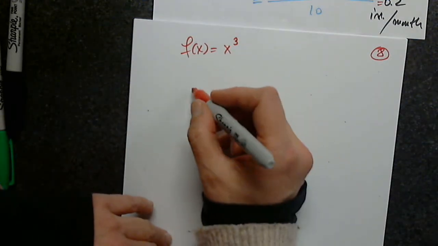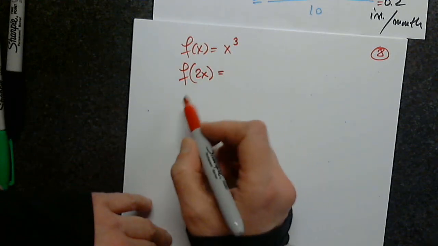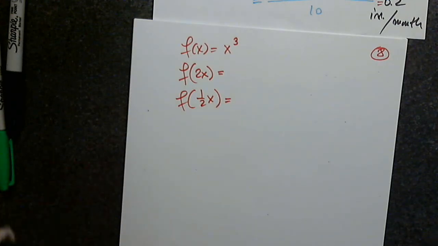And for some reason, I would like you to determine f of 2x and also f of 1/2 x. We know how to evaluate functions, although I saw a few mistakes on the test in evaluating, but we know how to evaluate this.